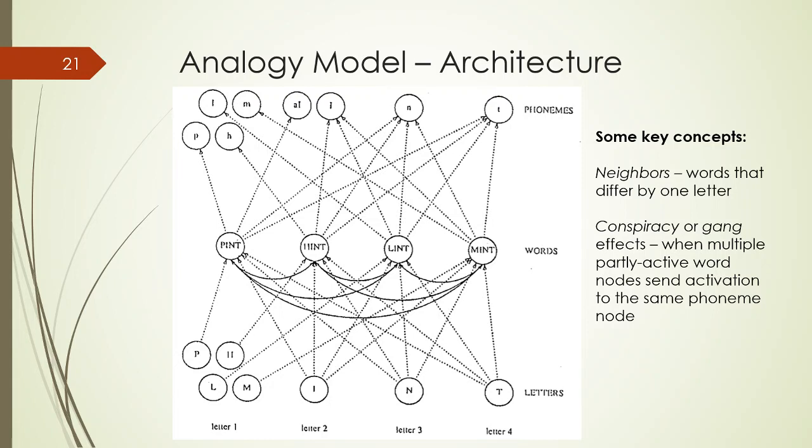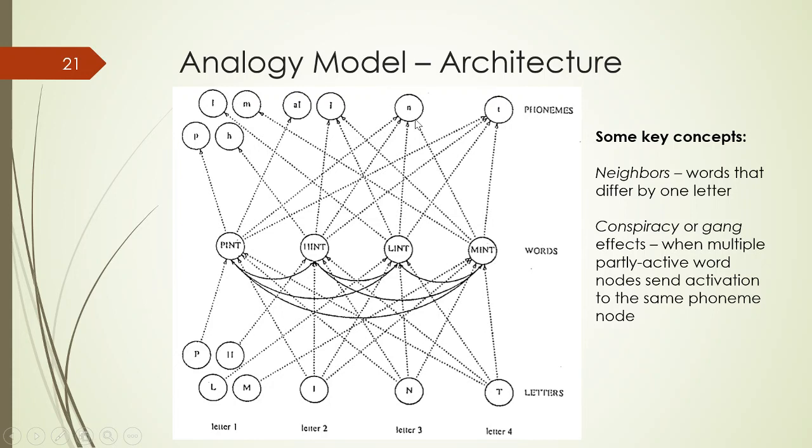Remember that nodes can be partially active, okay? Conspiracy or gang effects emerge in analogy models when you have multiple partly active word nodes that are sending activation to at least one common phoneme node.